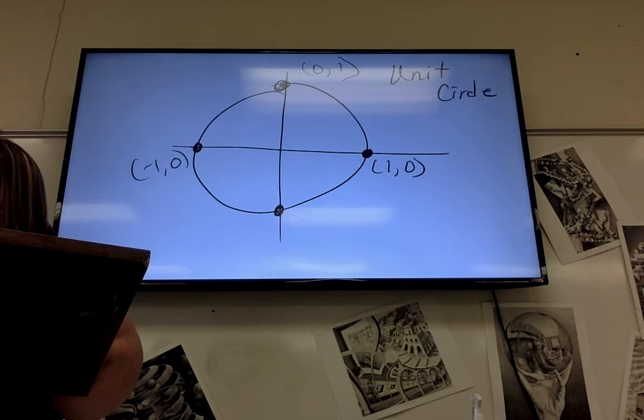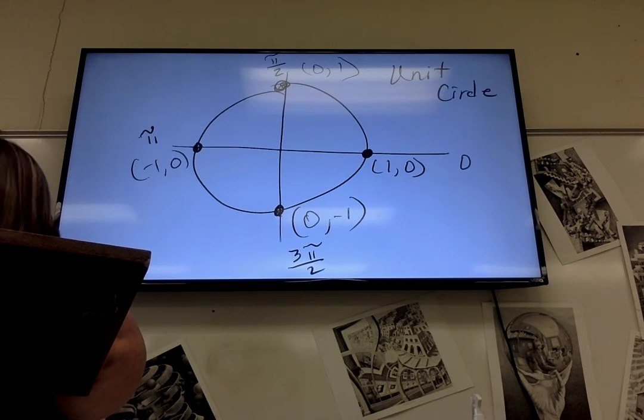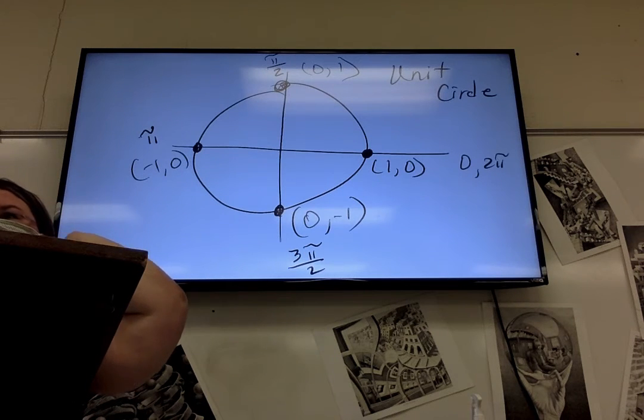And this point is 0, negative 1. So here was 0 radians. Then we had pi over 2 radians, which was the same as 90 degrees. Then pi, then 3 pi over 2, and 2 pi, and so on. You keep adding pi over 2.